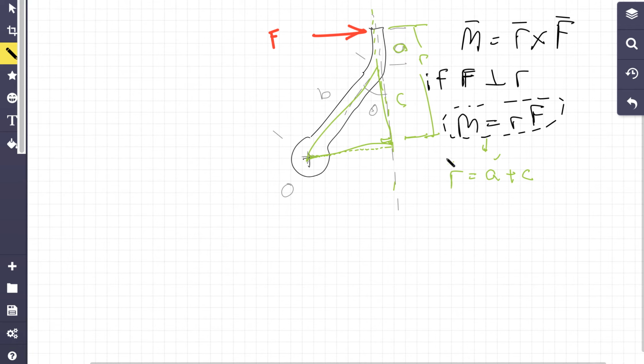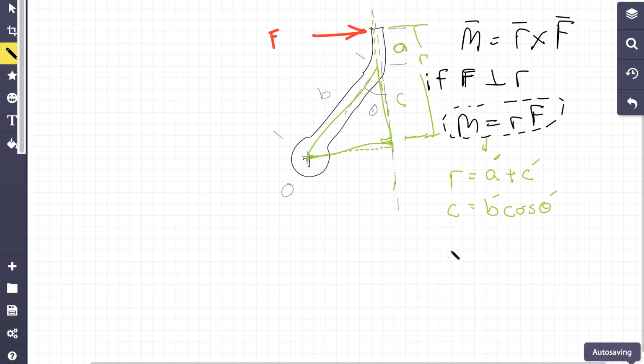But we don't know c. But we do know the components of c. So we can say that c is equal to b times the cosine of theta. Now, once we know this b, we know this theta, and we know this a, now we know this c.